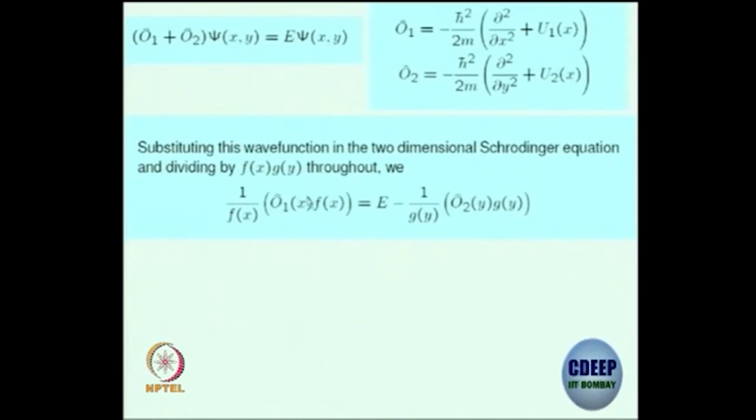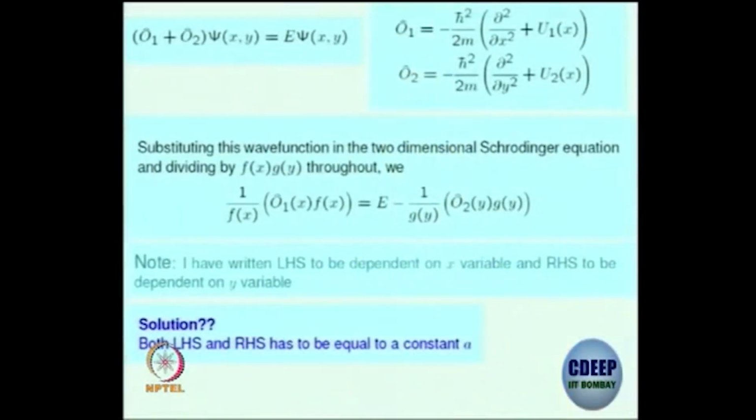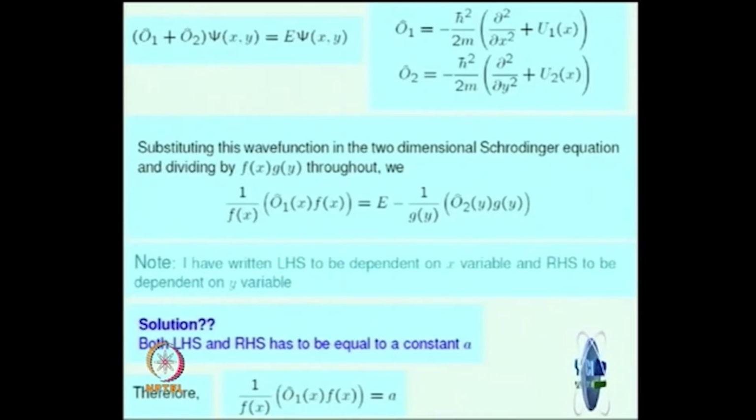So this is the exact expression. Or equivalently, this plus this will be equal to E, because we have divided by psi. Please check it. This is just for convenience. LHS is only dependent on x and RHS is dependent on y, and you can equate both of them to be equal to some constant a and solve for the constant, which will again become a 1-dimensional differential equation.